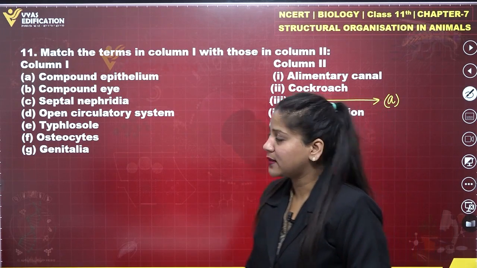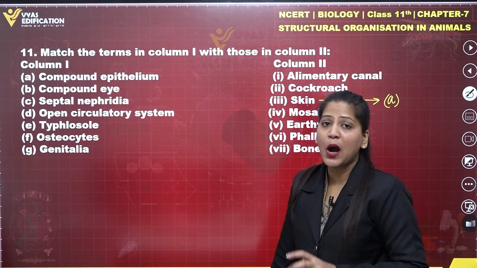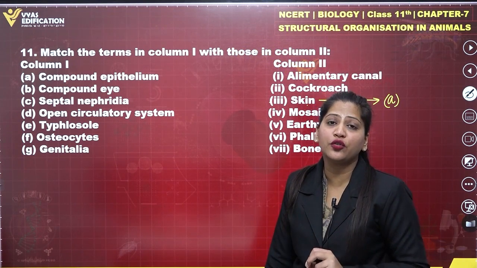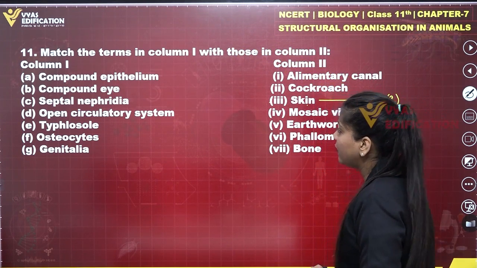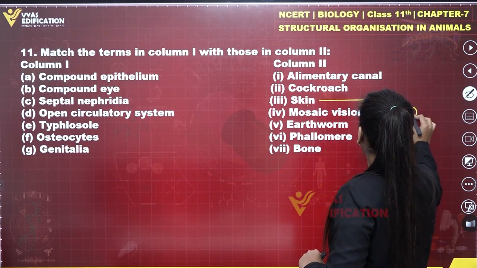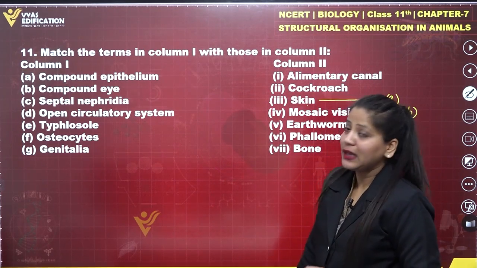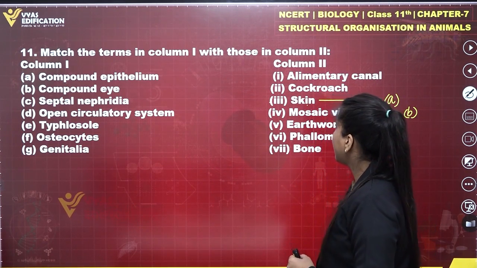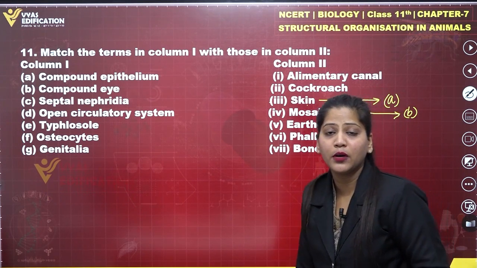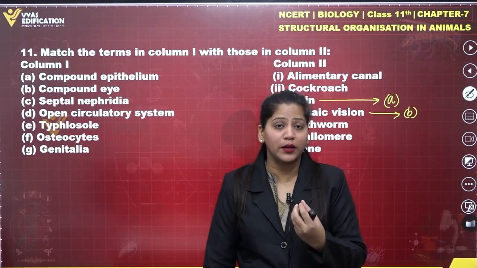Moving on to the next term in column 1, compound eye. Compound eye will always give you mosaic vision. This is your answer for B. Then we have C, septal nephridia. We have already discussed nephridia.